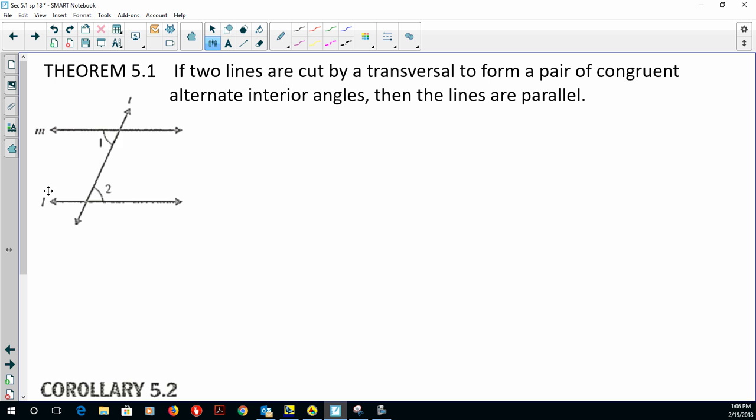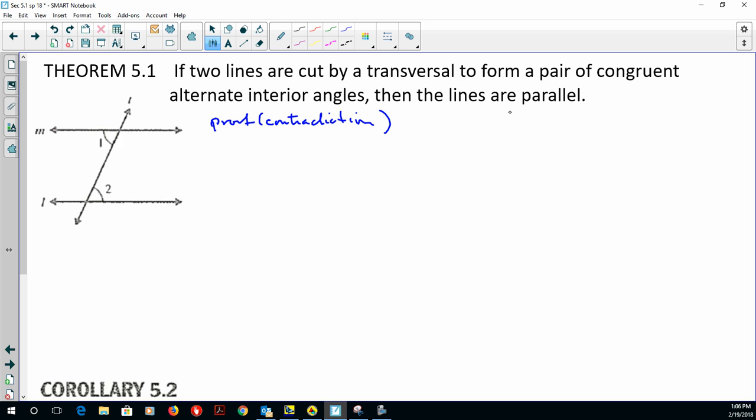If you're going to do a proof by contradiction, then you should say so. In a proof by contradiction, we assume the hypothesis, two lines cut by a transversal forming congruent alternate interior angles, and we assume that the conclusion is false.